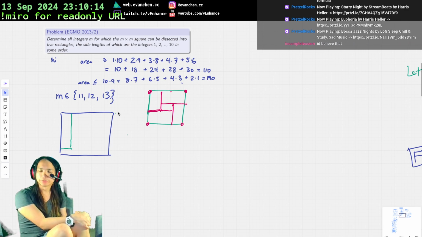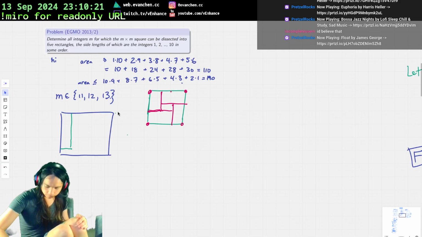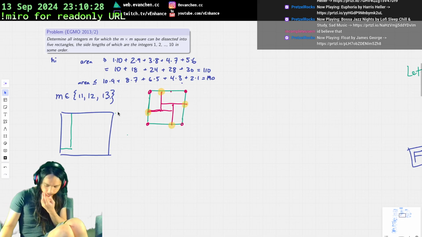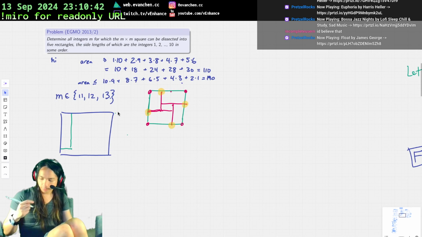So the 4 corners are definitely in different rectangles. And then there's a vertex, each of these here, and so for every rectangle, the yellow ones can be shared.